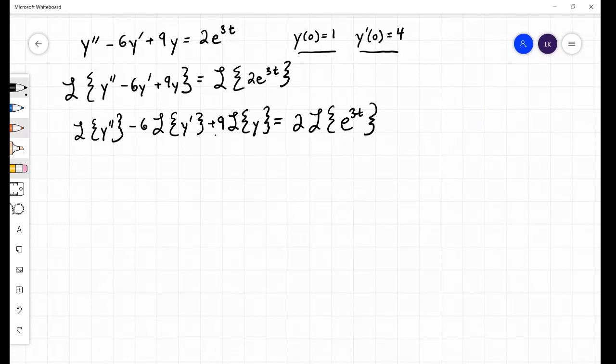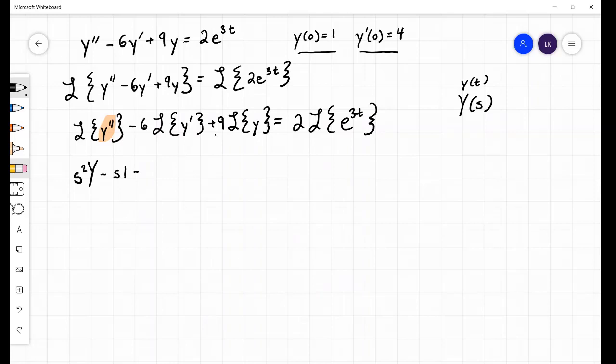Instead of using big F, I'll use big Y to indicate that little y is a function of t, and big Y is the function of s after we compute the Laplace transform. s squared times Y of s minus s times the initial condition for y at 0 minus the initial condition for y prime at 0.